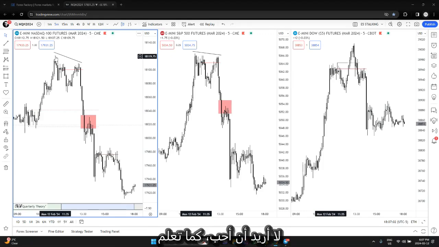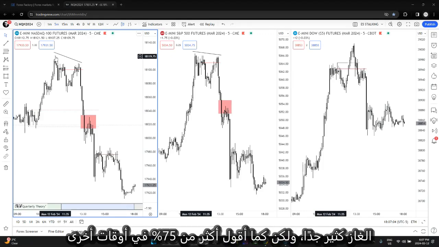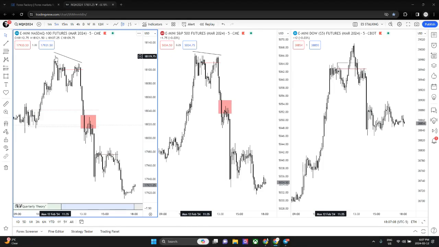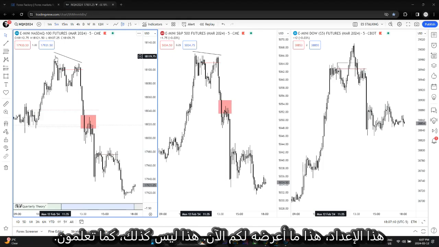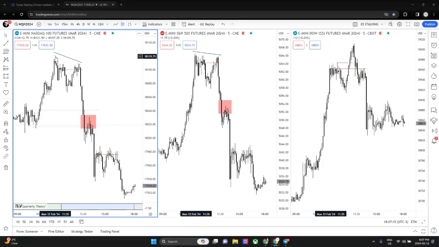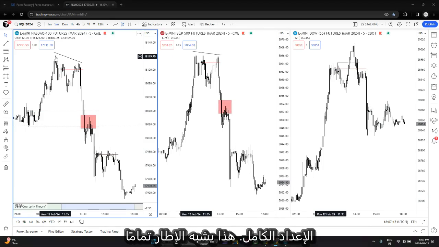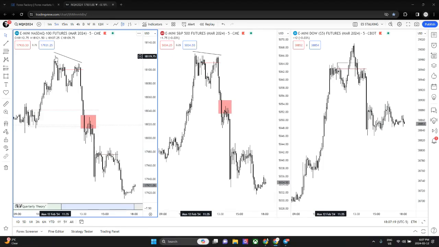I don't want to gas this too much, but I'd say over 75% of the time, right? This setup, what I'm showing you right now, isn't even the full setup. This is just the framework.